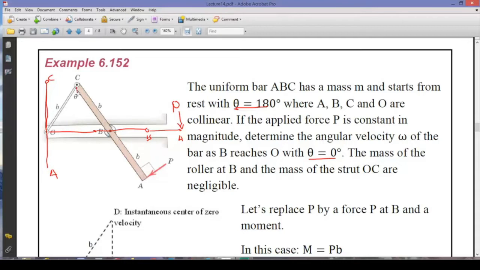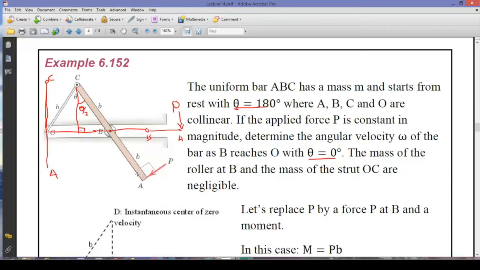If I draw a vertical line here, okay, this is vertical, then the angle here will be theta over 2, and this theta over 2 angle will be changing throughout this motion. And it is measured with respect to the vertical line, so it's an absolute measurement. By making use of this theta over 2 measurement, I can find out the absolute angular velocity. So let's keep that in mind.